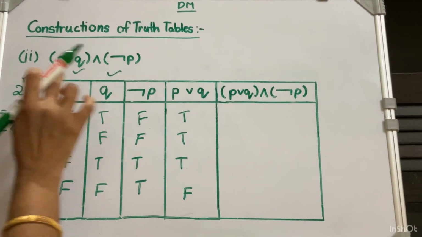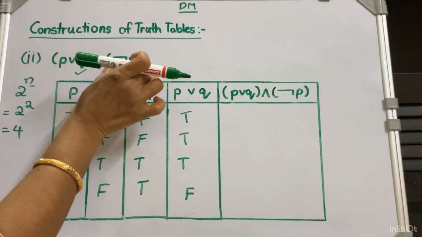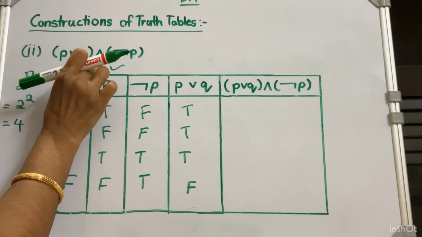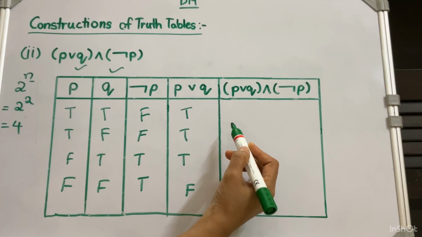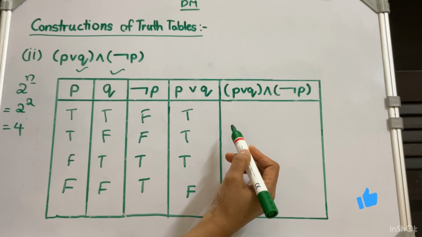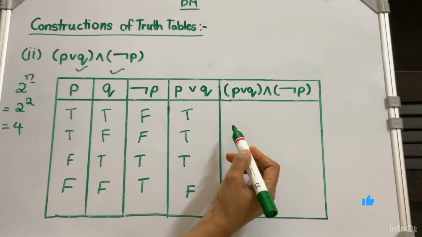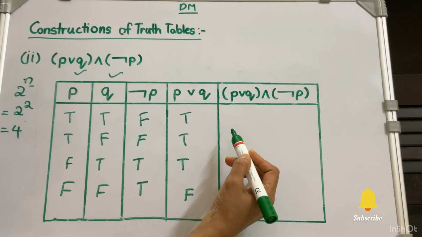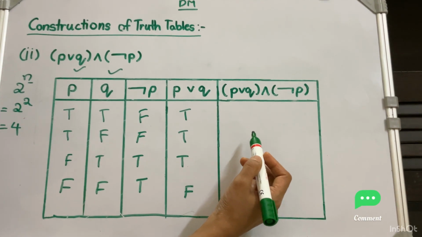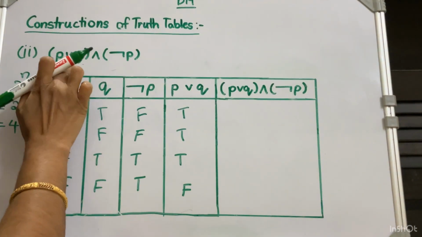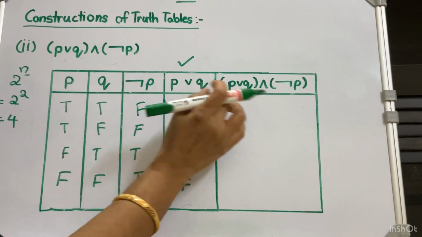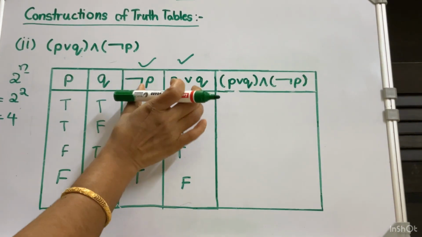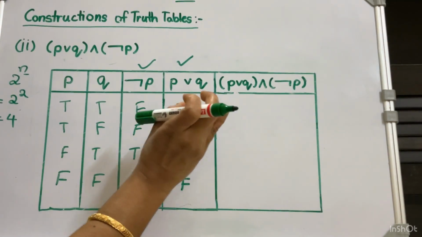Coming to P or Q and next negation P, joined with the and symbol. We already discussed the and symbol, that is nothing but conjunction. In the conjunction truth table, if 2 statements are true, then the result is true. In all other cases, false. So here you need to consider P or Q, next negation P. These statements are joined with the and symbol.